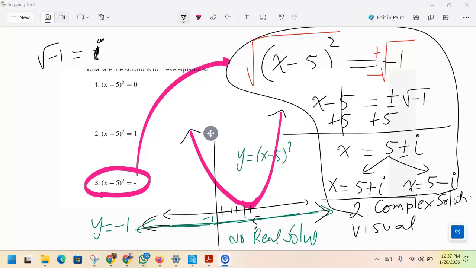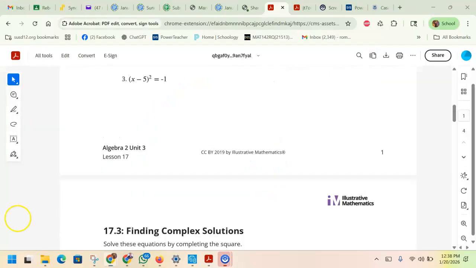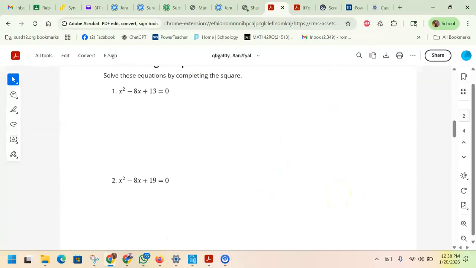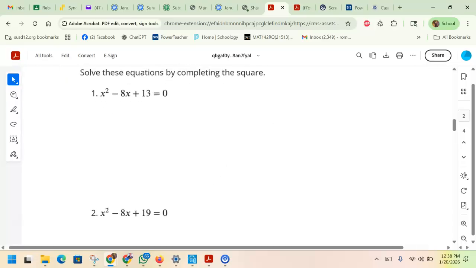Okay, let's move on to 7.3. We're almost there. We'll get a lot of time for you guys to do this, but let me finish this. So go to this one. I'll make it bigger.